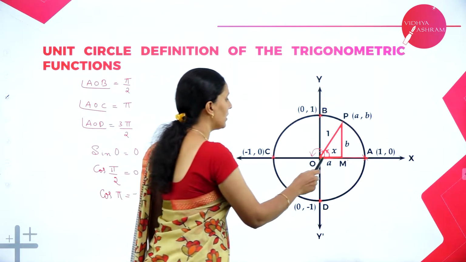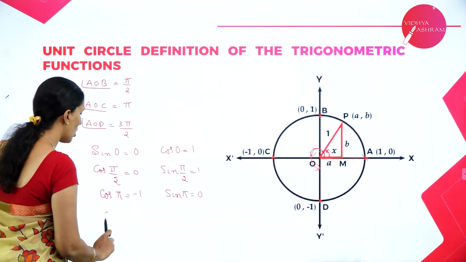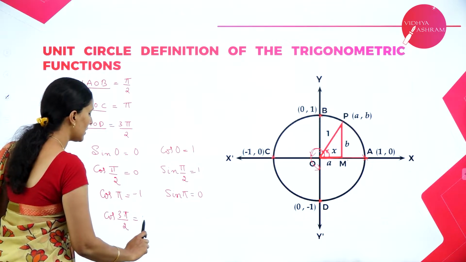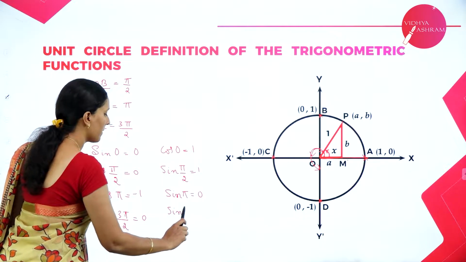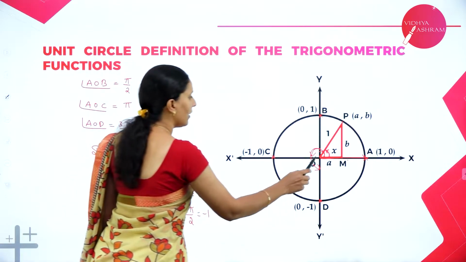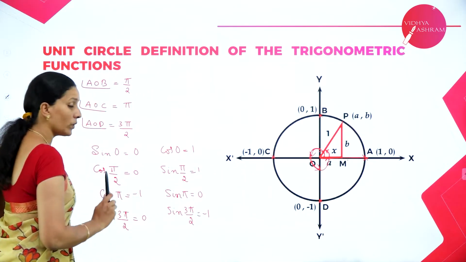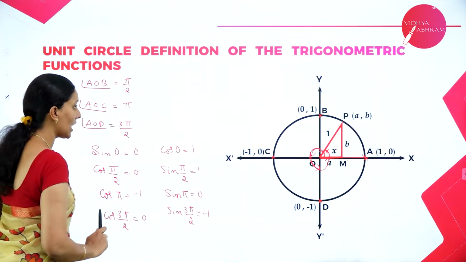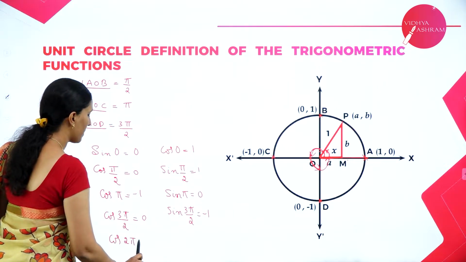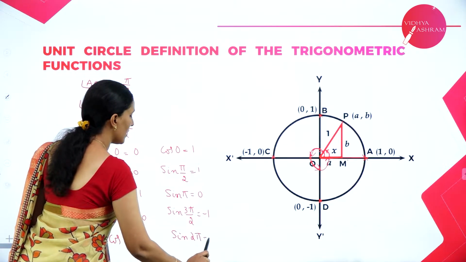Next, at 270 degrees, we can clearly say that cos 3 pi by 2 is 0 and sin 3 pi by 2 is -1. Similarly, 1 complete revolution, that means 360 degrees, which in terms of radians is taken as 2 pi. So therefore cos 2 pi is 1 and sin 2 pi is 0.